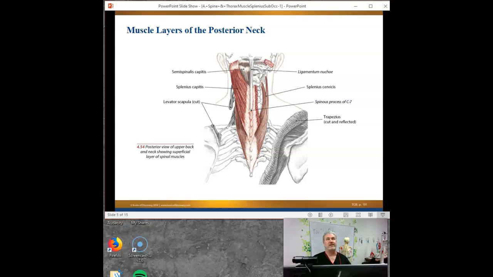I say multifidi, but it's multifidus. And the other one helps you rotate. It actually helps you extend, but it does help you rotate. The other one has the word rotate in it, kind of. Rotatories. Multifidus and rotatories. Those are the two muscles I forgot to tell you guys about.